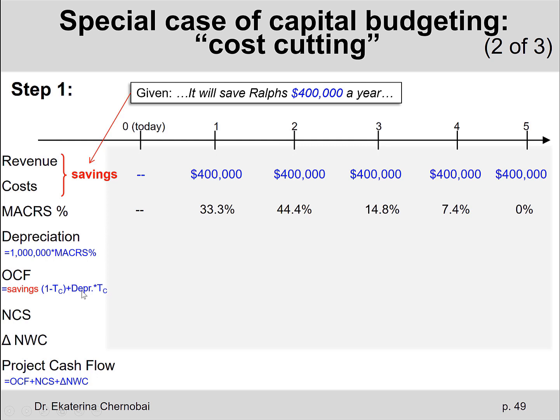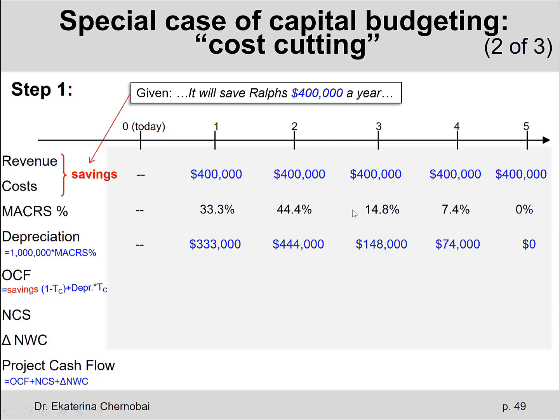We're also missing the depreciation amount, and just like in the previous problem on the pizza sales, we are going to have to calculate the depreciation amount 1 year at a time by multiplying the purchase price of the cash register, which is $1 million, by the MACRS percentage for that year. And now we are looking up the table for the 3-year property class, which was given.